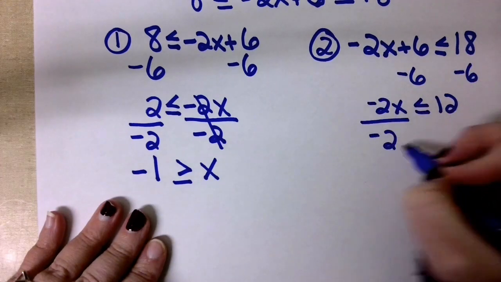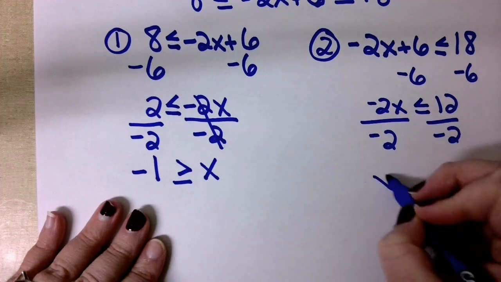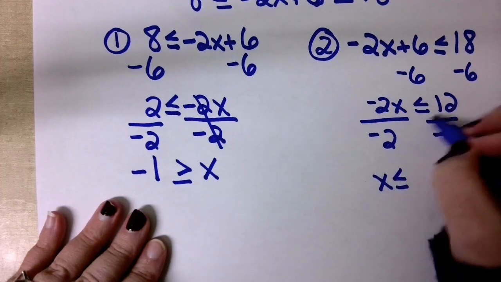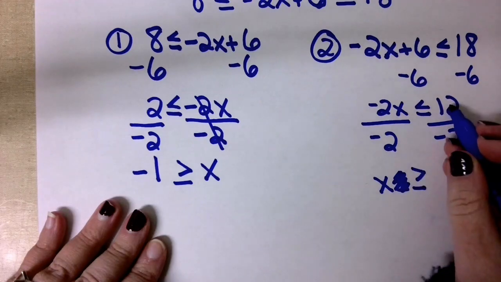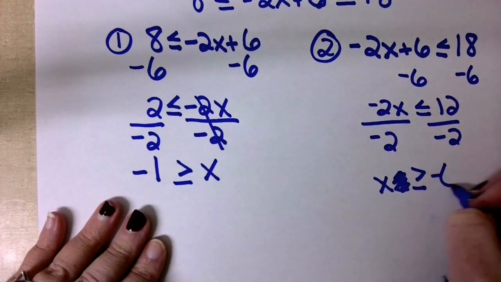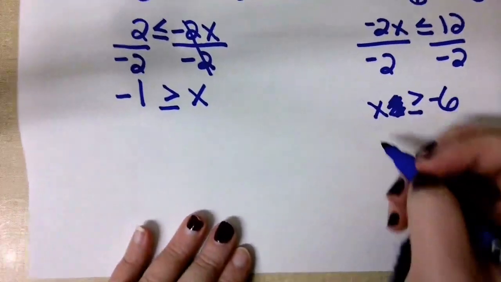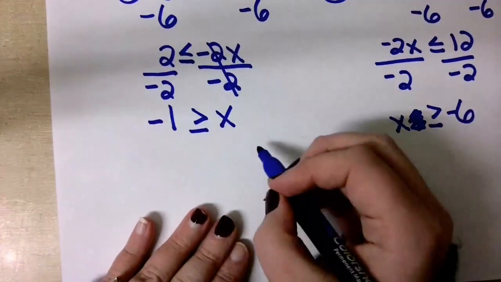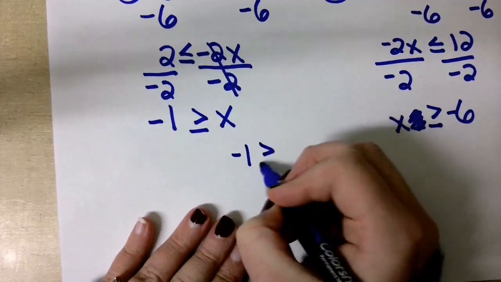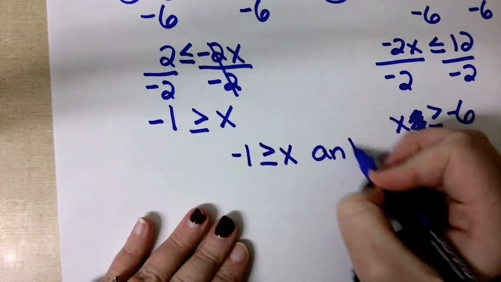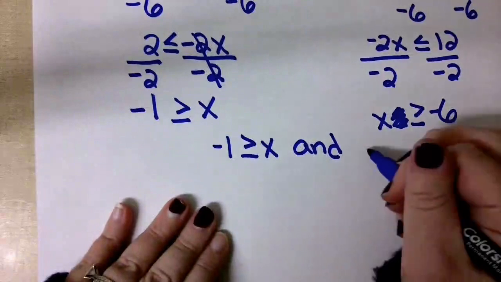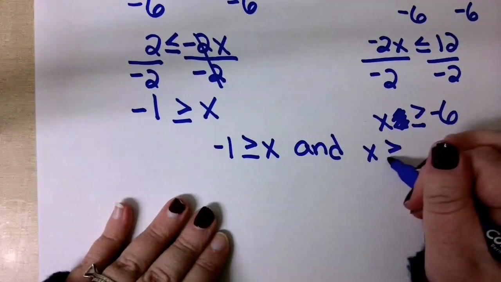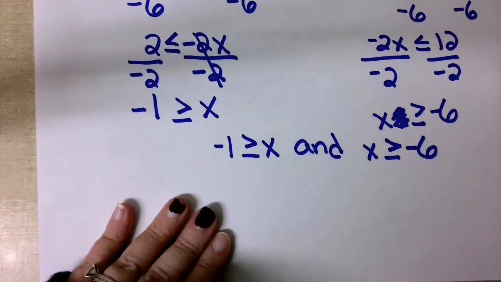Divide by negative 2. Because I'm dividing by a negative, my sign flips, and 12 divided by negative 2 is negative 6. So you're going to have two inequalities. Negative 1 is greater than or equal to x, and because we had an "and" up top here, x is greater than or equal to negative 6.